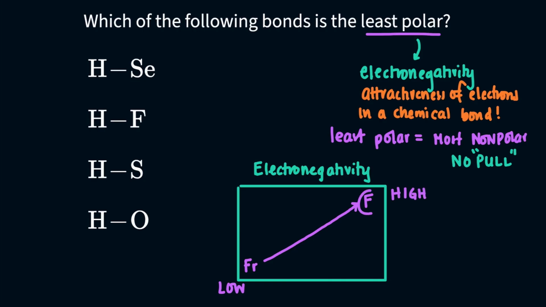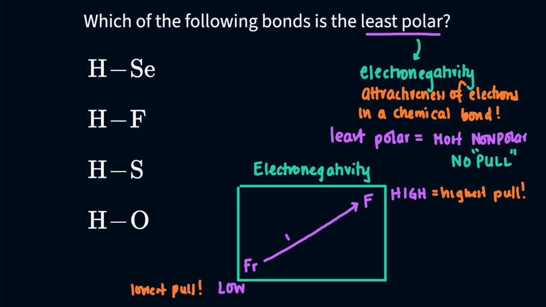And it turns out that fluorine is the highest electronegative element, which means that fluorine is going to be having the highest pull. And on the flip side, francium is like, whatever, I'm not going to pull those electrons. I'm not attracted to it. So basically like no pull, or the lowest pull, quote unquote.